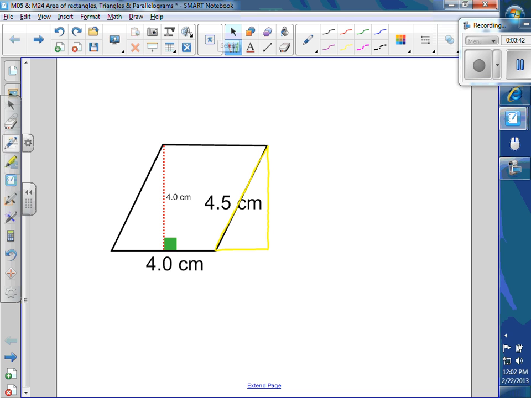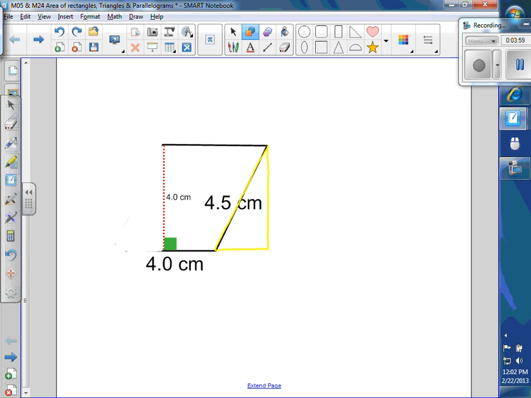And then it's not over here anymore. They first learned parallelogram area by thinking about rectangle area. So if I take that side off and put it to the right, I end up with a rectangle.